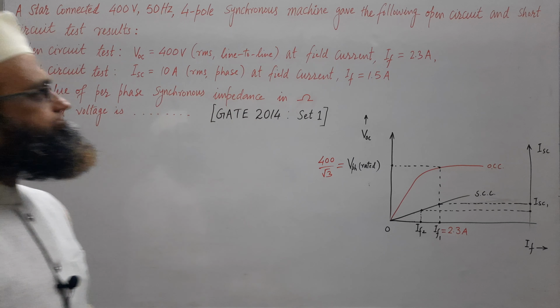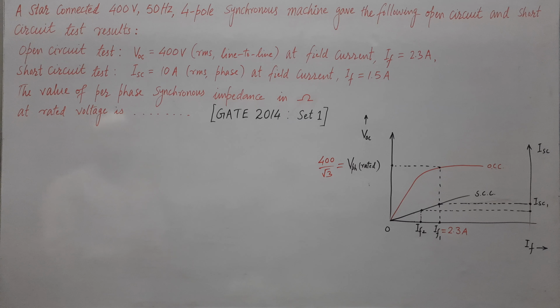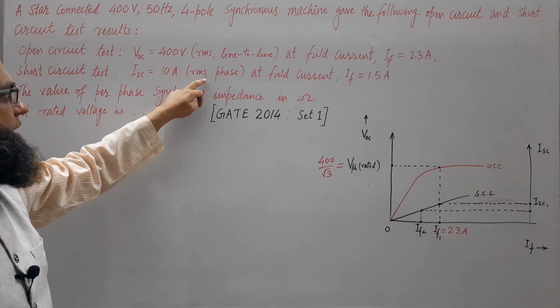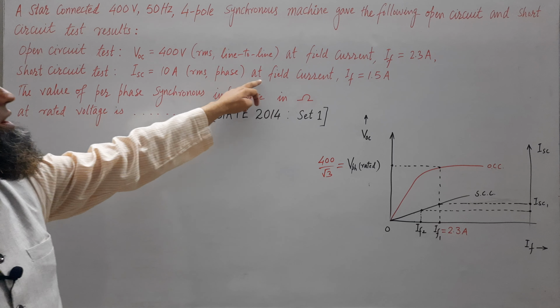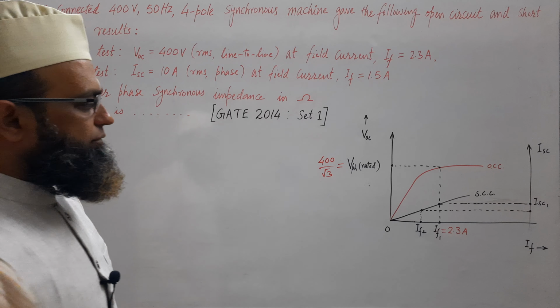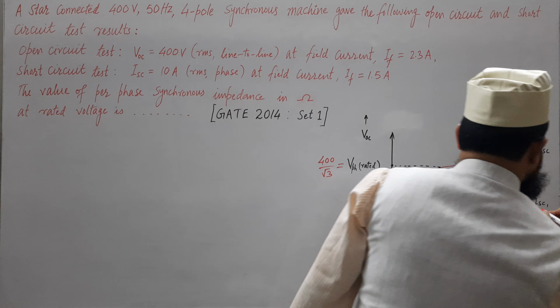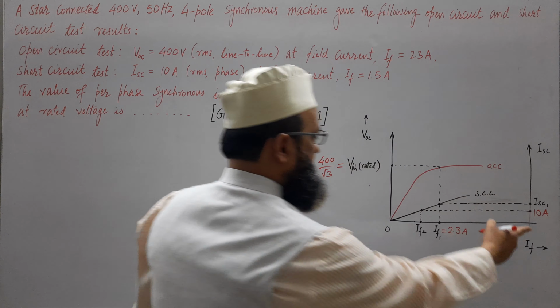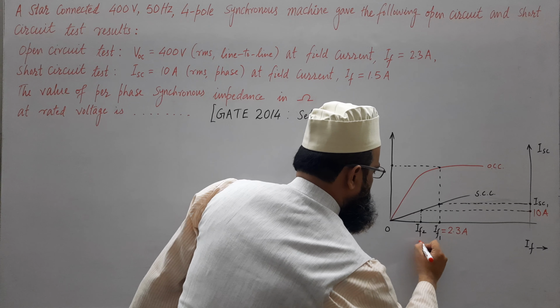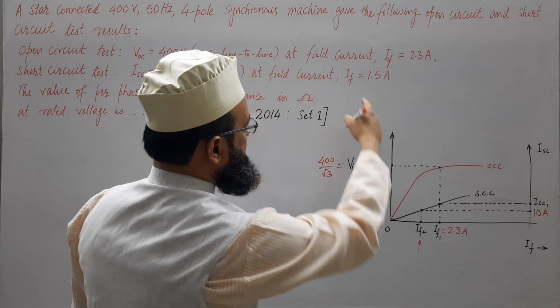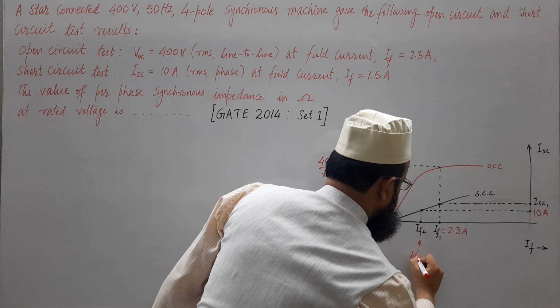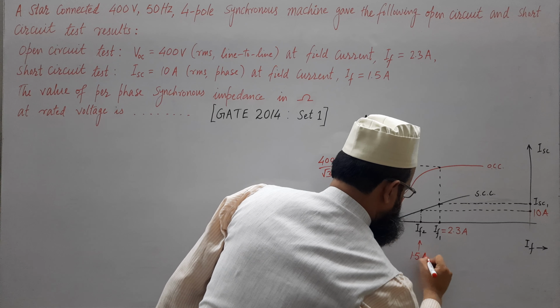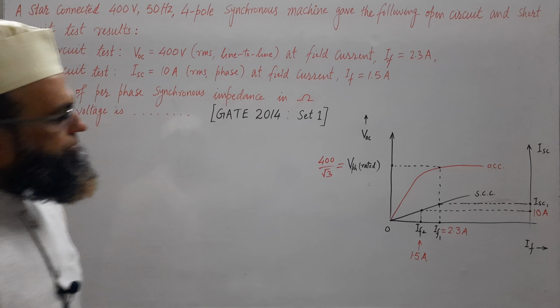Under the short circuit test, ISC of 10 ampere is obtained at field current IF2 equal to 1.5 ampere.